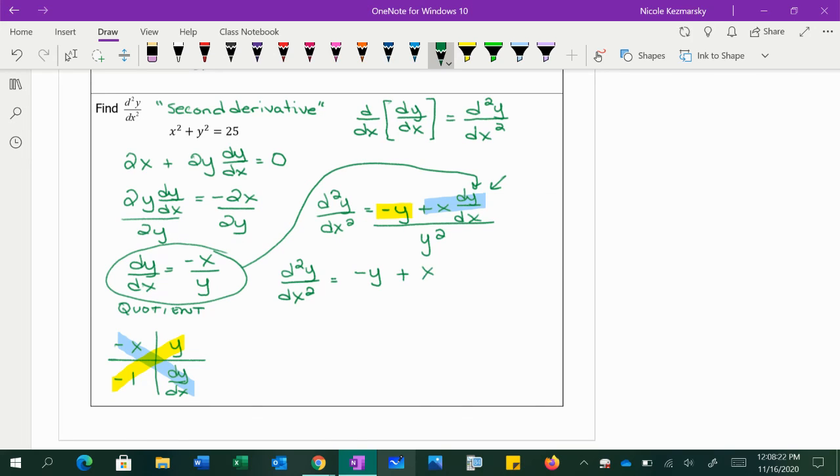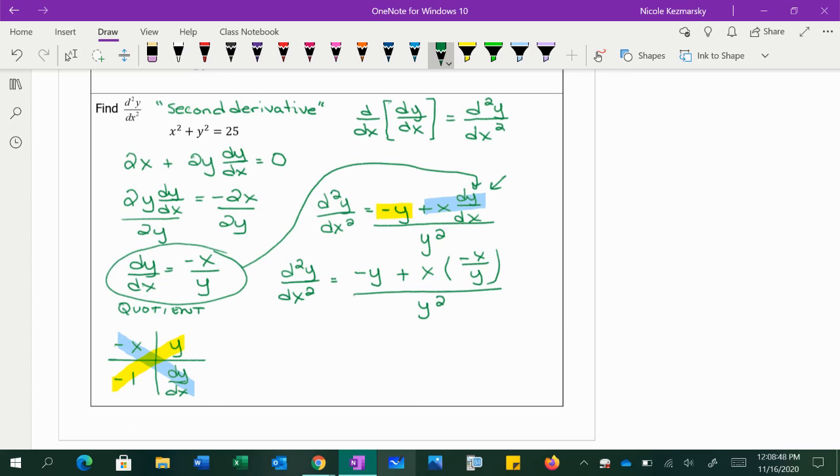So I'm going to have x times -x over y. And I'm going to divide that by y squared. So now I've got a weird fraction within a fraction thing, which is okay to leave. It's not usually something that we leave, but it's okay.